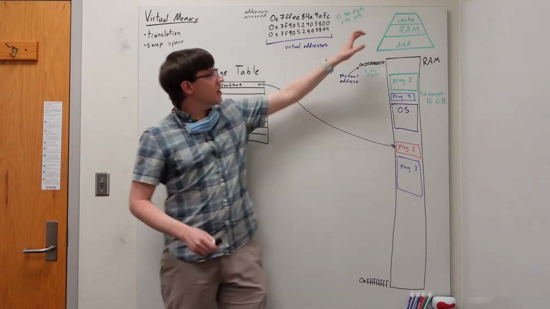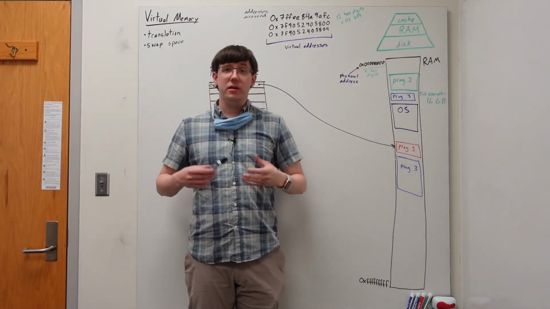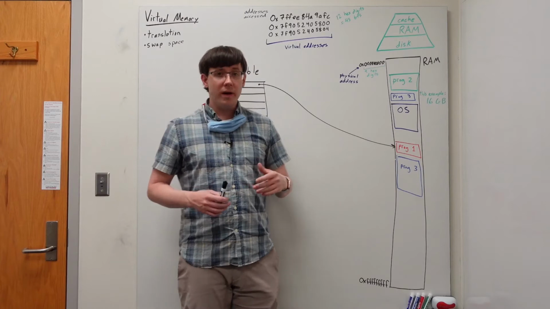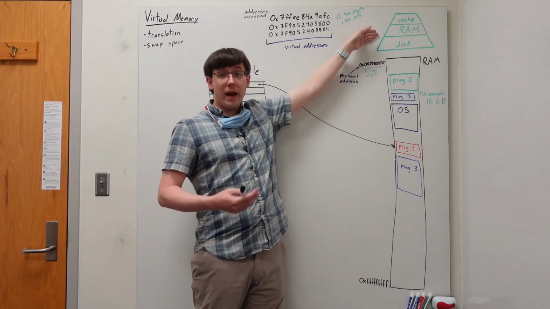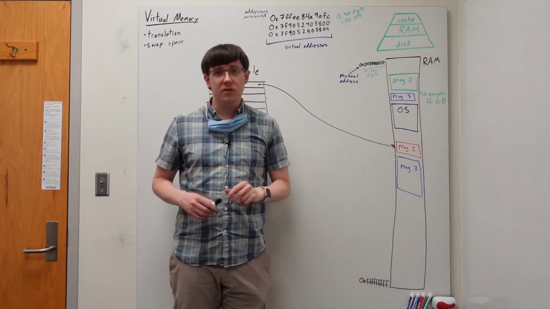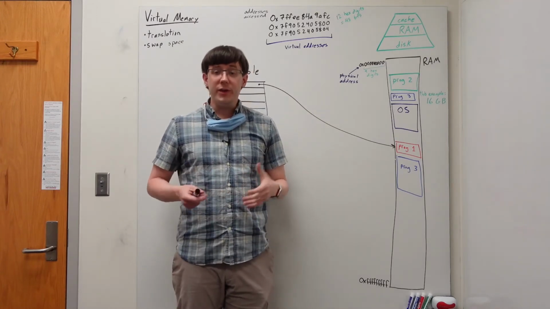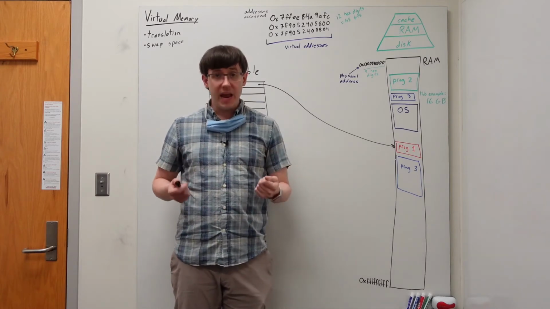The blocks that we moved between RAM and cache were typically measured in the dozens of bytes, whereas the chunks of memory that we think about in RAM are typically much larger, measured in the thousands of bytes. And we call the unit of memory in RAM a page.